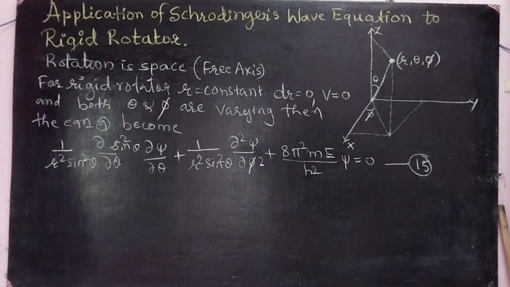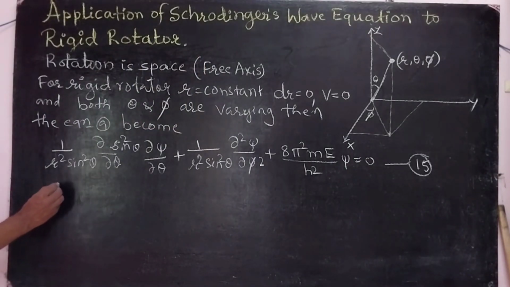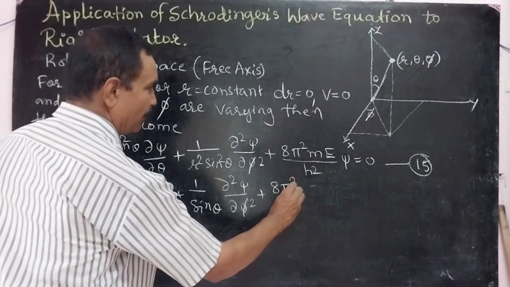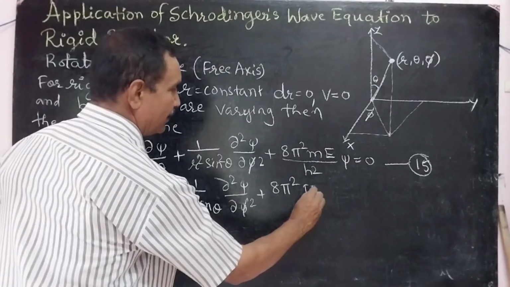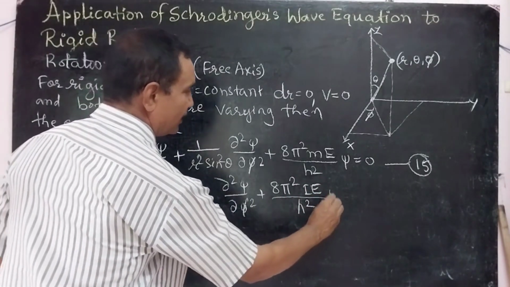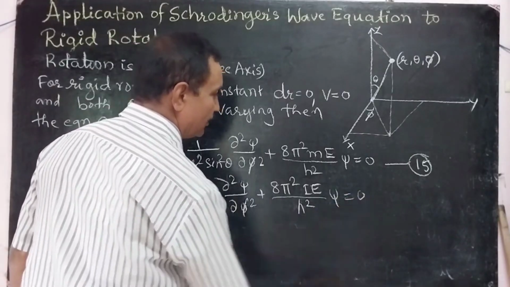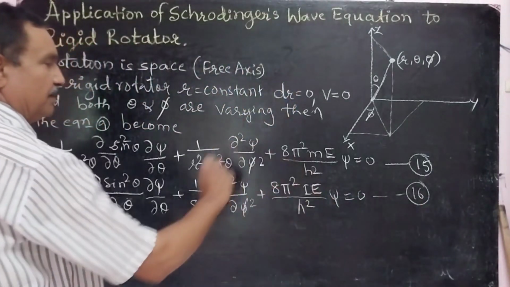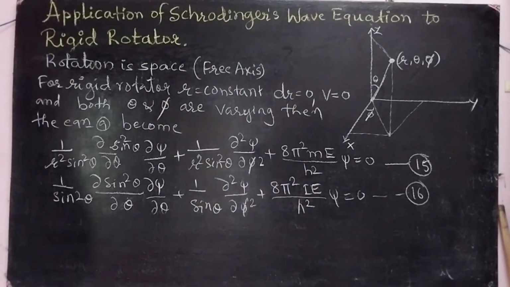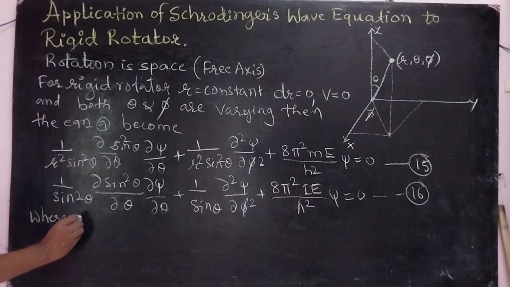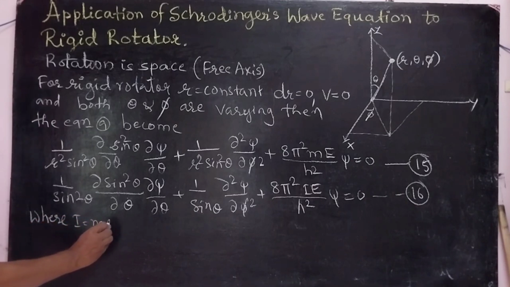Then on rearranging we get plus 8 pi square I E divided by h square psi is equal to 0. Suppose this is equation 16, where I equal to m r square.